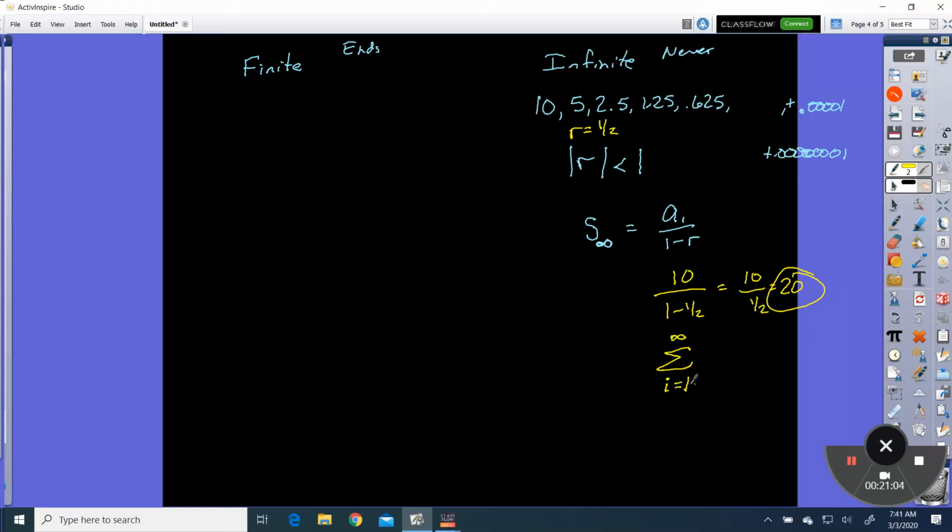If it doesn't start at 1, it changes things up a little bit. So that's how they'll set it up. And then they'll have something like this, 3/4 to the i minus 1. You just plug in this 1 to get your first term.